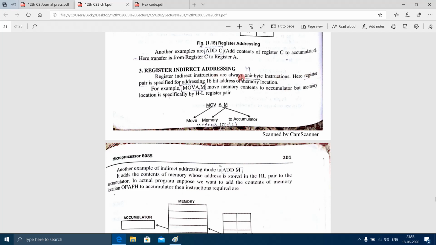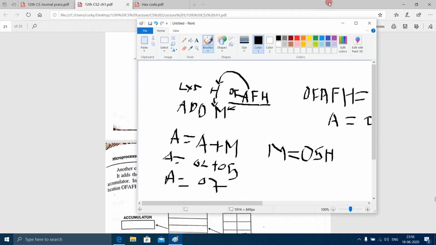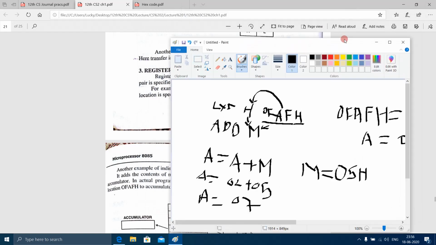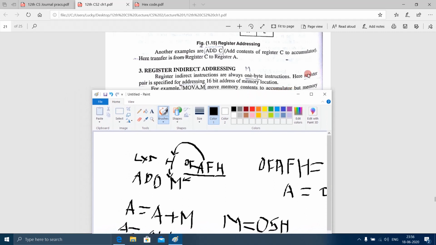Here the register pair is specified for addressing a 16-bit address of a memory location. What does this sentence mean? Here it is written: register pair is specified. Can you see? This is a register pair.